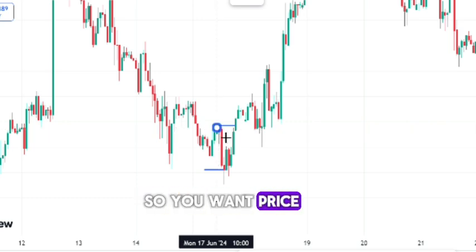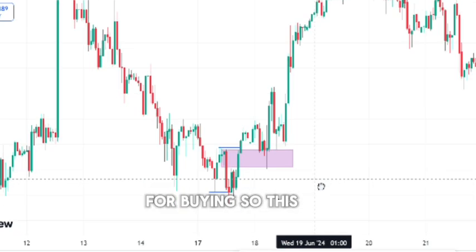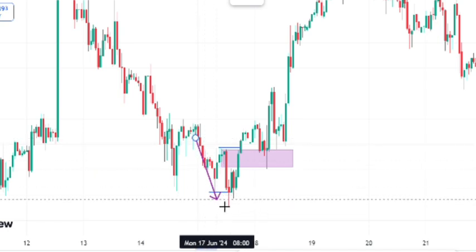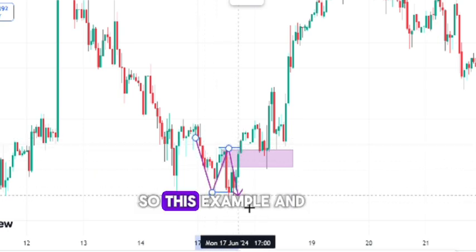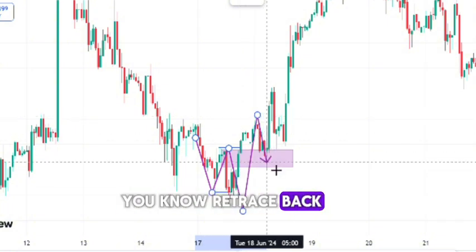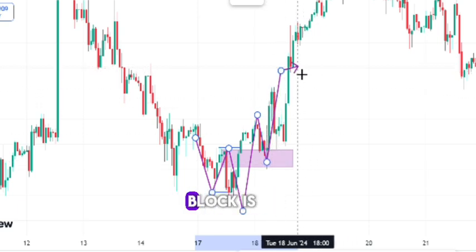So you want price to trade back into it before buying. Price went up, came back, retraced back to it, and boom. So this is just how a breaker block is.